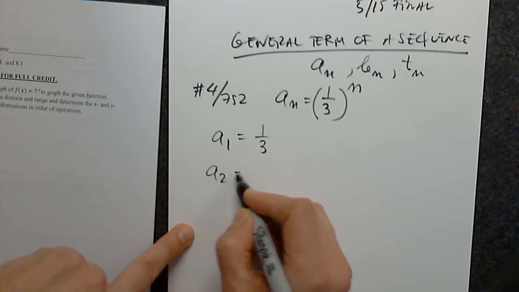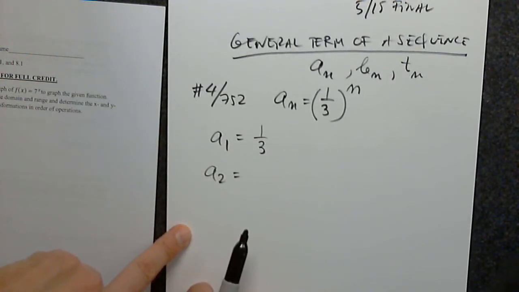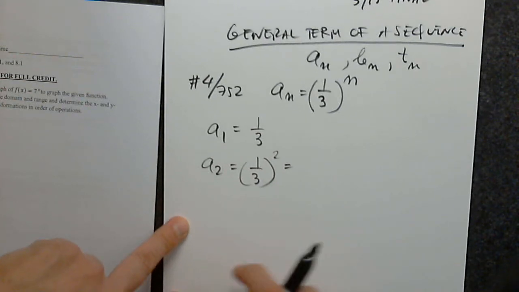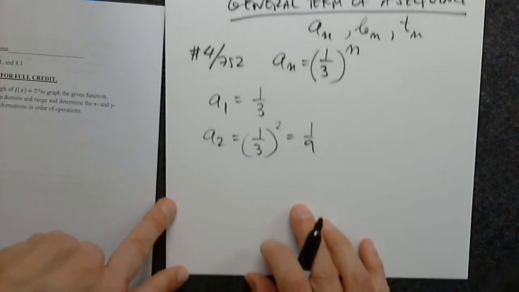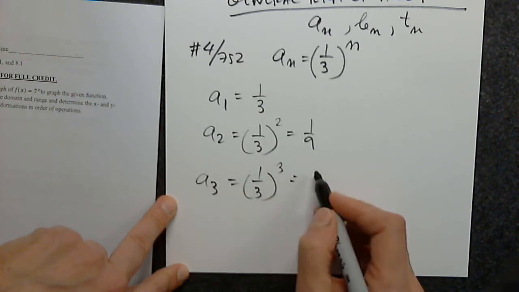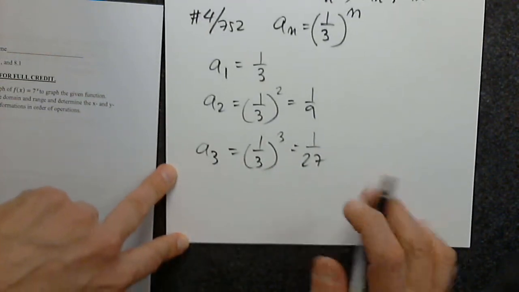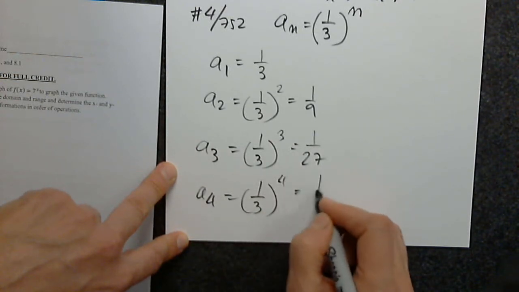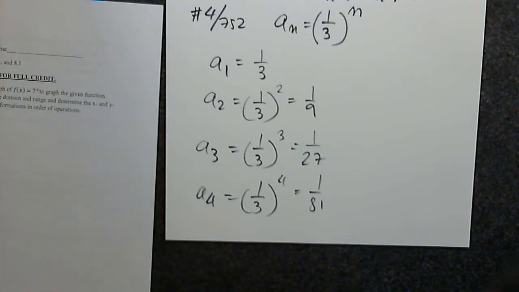The second term is when n gets replaced by 2. So then I would get (1/3) squared, and the simplified form will be 1/9. And then a_3, which will be (1/3) raised to the 3rd power. Obviously, it's 1/27. And the last one is a_4, (1/3) raised to the 4th power, which is 1/81.